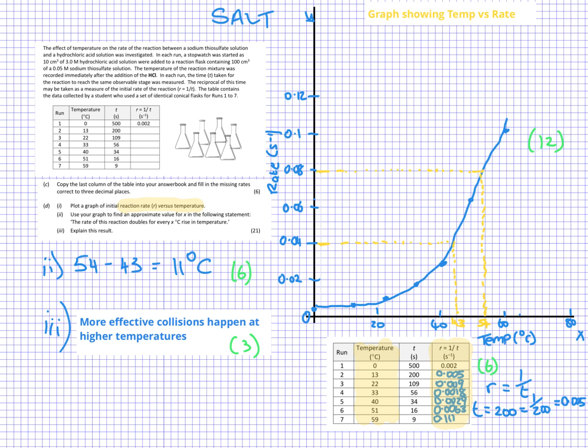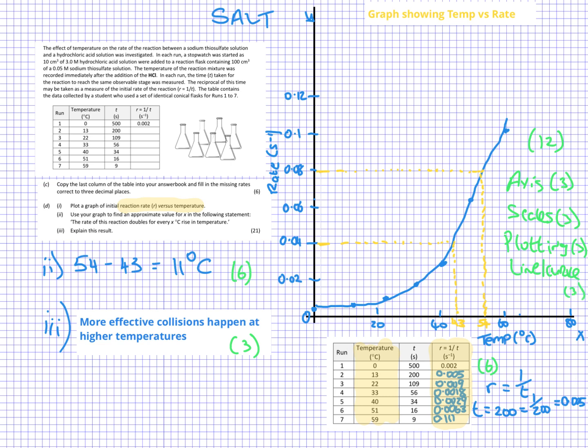And the way it actually works is your axis being labelled is worth 3. Your scales is worth 3. Your plotting of your points is worth 3. And then your line or curve is also worth 3.